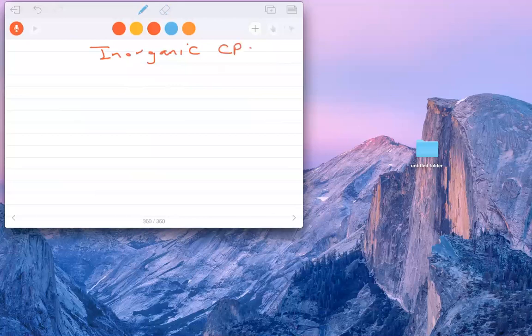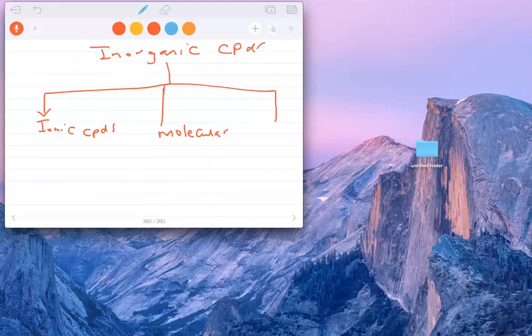Inorganic compounds can either be ionic compounds, molecular compounds, or acids.